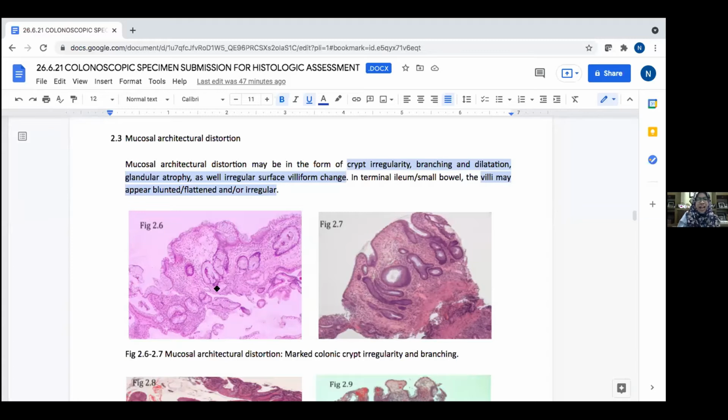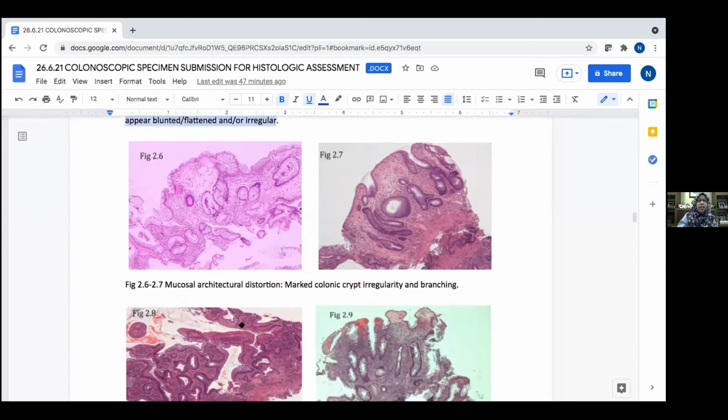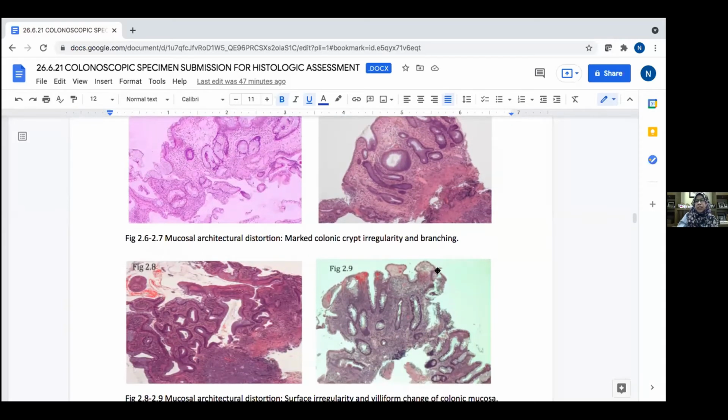Okay. Next is mucosal architectural distortion. We're still talking about chronicity change. Mucosal architectural distortion is represented by a variable degree of crypt architectural branching or dilatation, as well as irregular distribution. Not uncommonly, you will also see villiform surface change in the colon, such as this.